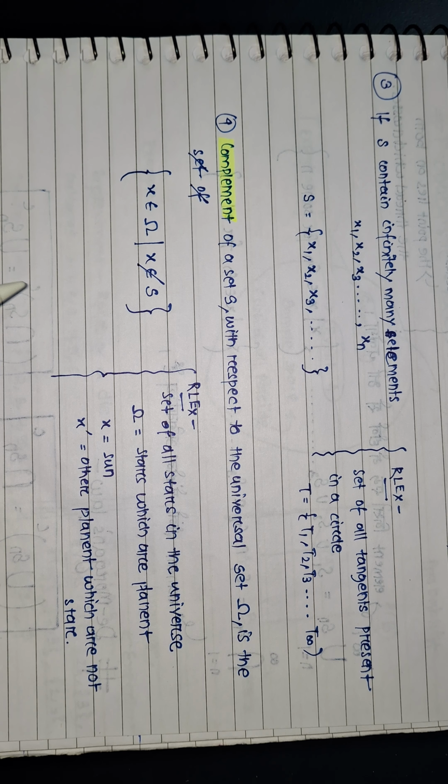So X is an element of omega means the sun is an element of stars.